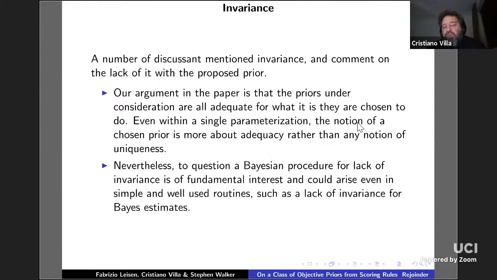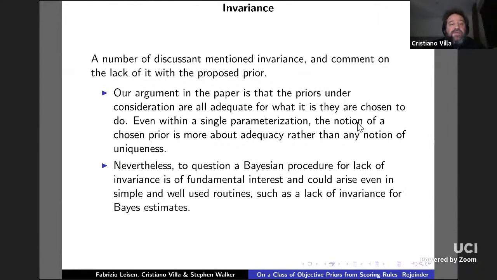So in other words, even when you consider just one parameterization, without taking into consideration reparameterization, you want a criterion that allows you to choose the prior because it actually performs well in that particular scenario, rather than having some other properties like, for example, uniqueness. And as Stephen has already anticipated, there are many other Bayesian and even non-Bayesian procedures where invariance, or actually the lack of invariance, is present. Nevertheless, they are still employed.